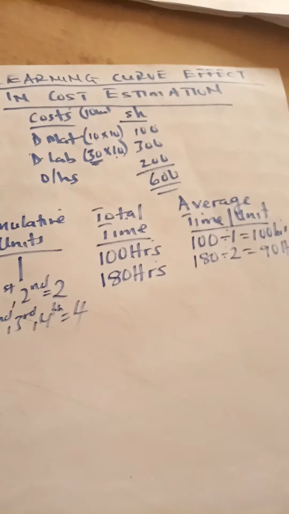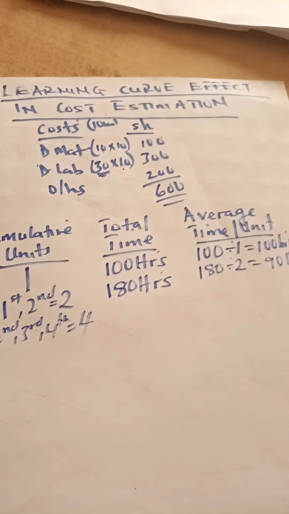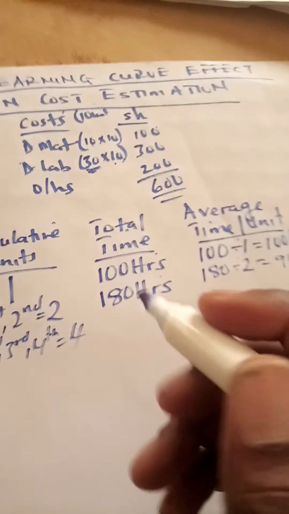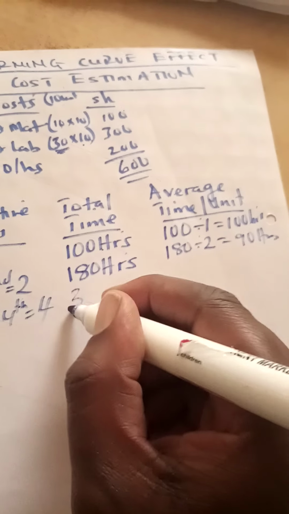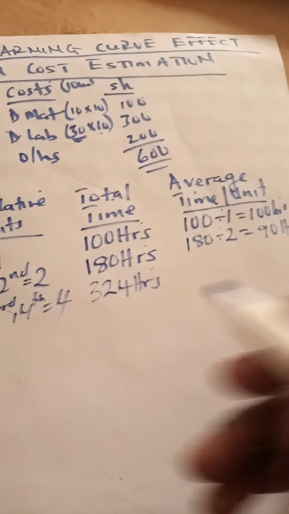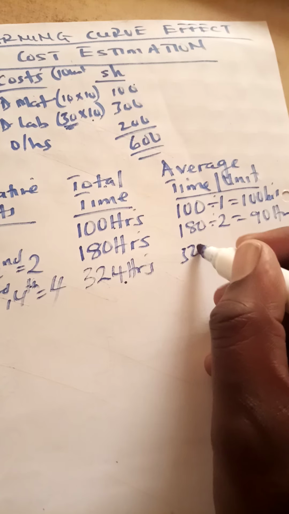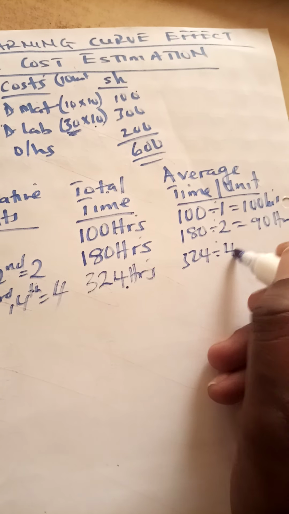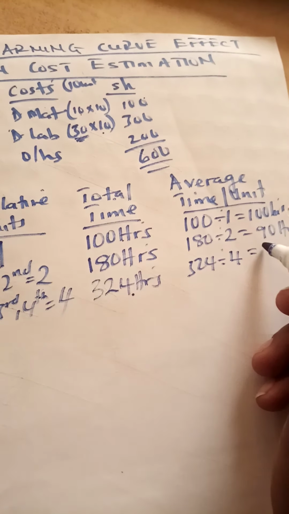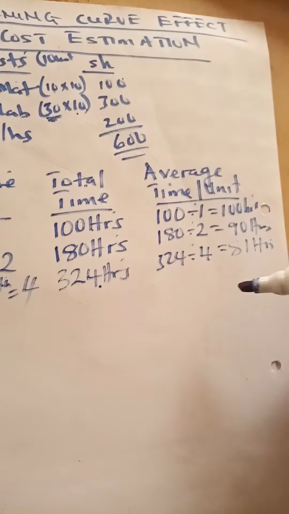Instead of 400 hours, you could again get a shock and find that these people take 324 hours to make the first 4 units. So when you divide 324 by 4, the average time for each of those 4 units reduces again to 81 hours. So again, something is happening.